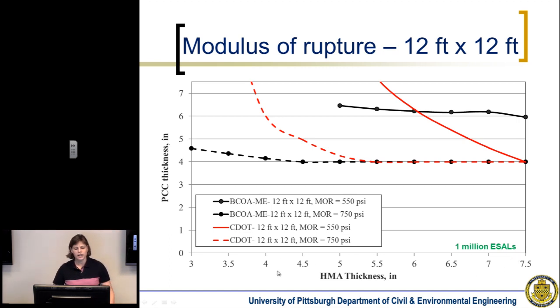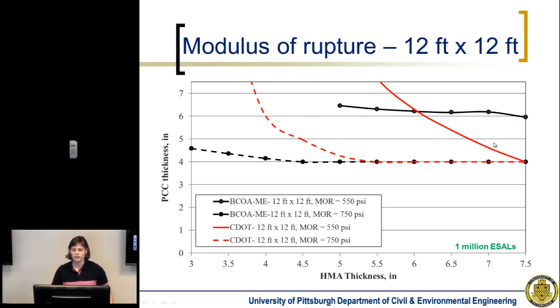So for this, we're looking at the thickness with respect to the thickness of the asphalt, assuming we have 1 million ESALs. They tend to predict similar thicknesses when you're comparing the Colorado, the older procedure, with the BCOA-ME for the higher strength.